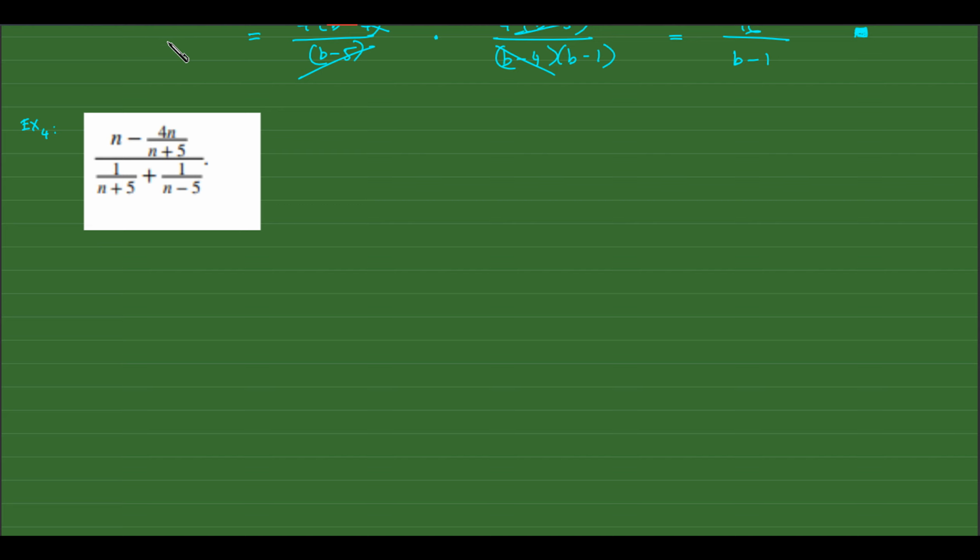I think I'm gonna use a different color, just have some fun here. Maybe purple, or maybe this one right here. Green? No, I don't think green is good.